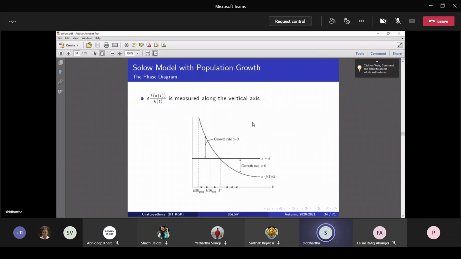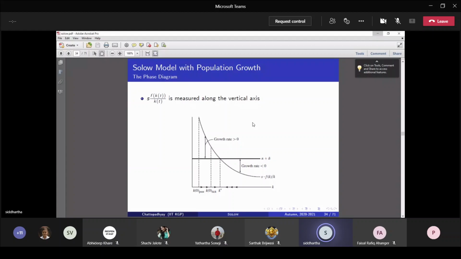We will draw an identical figure for two groups of countries that are non-homogeneous, and we will see that this prediction even graphically won't hold. That's the next part of our lecture, which we will do tomorrow.